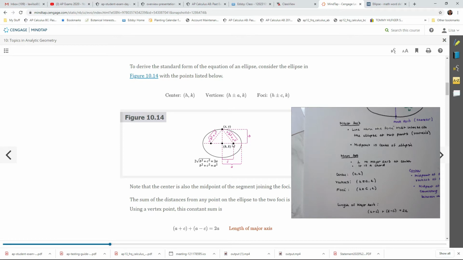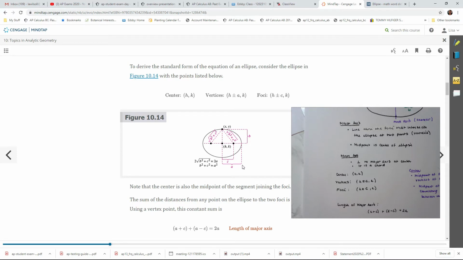And since this is c and this is b, then by the Pythagorean theorem, c squared plus b squared is equal to the hypotenuse squared. Once we square and sum the legs, we take the square root. So this length here is the square root of b squared plus c squared. You notice this one's the same exact thing.